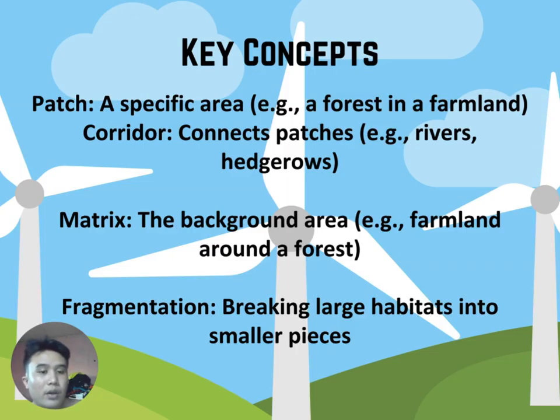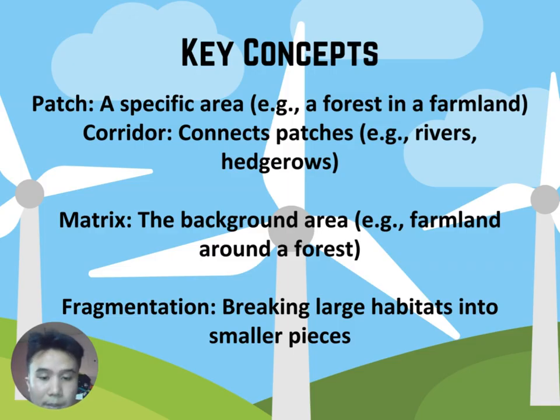The next is corridor. A corridor is like a passageway for wildlife. It connects patches together, like a bridge, for example, a river running through a different ecosystem or tree-lined roads that serve as a path for birds and insects.